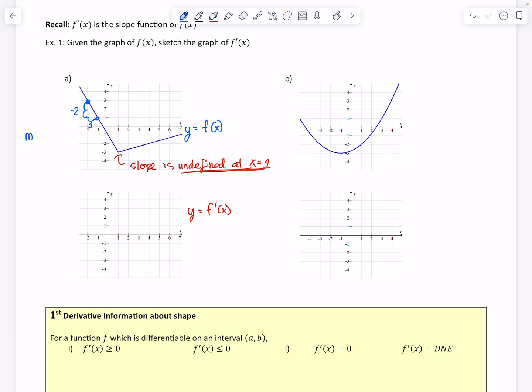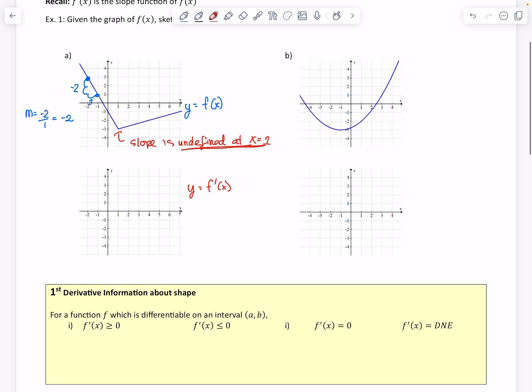So the slope is -2/1, which is -2. And again, every point that's on the left side, the slope is going to be -2. So for example, at x equals -1, the slope is -2. Again, these y values represent the slope.